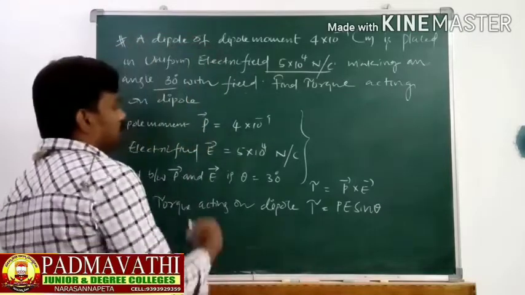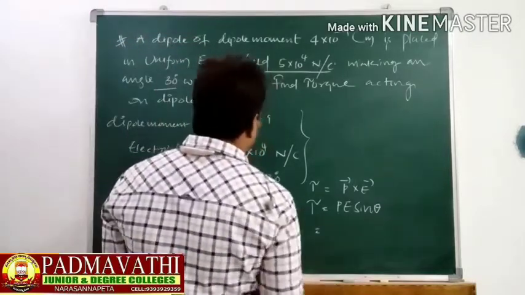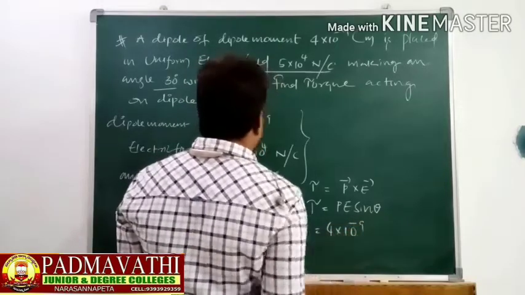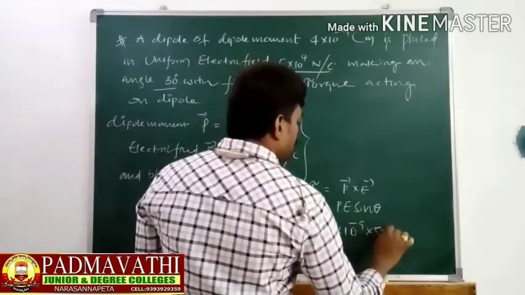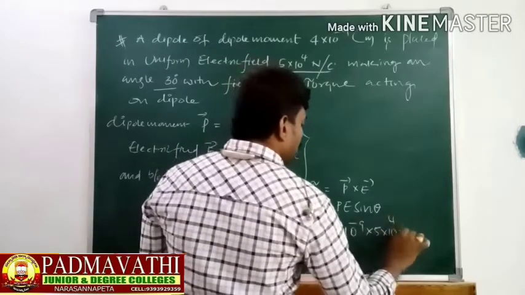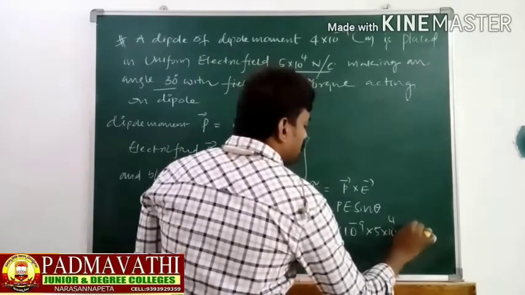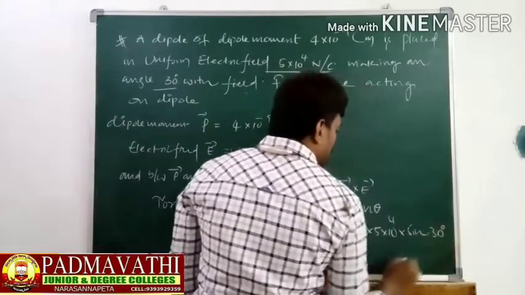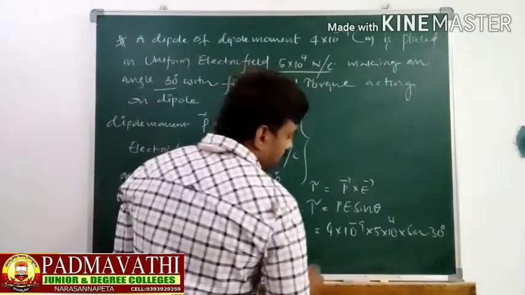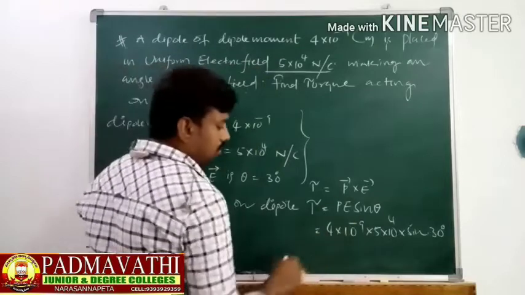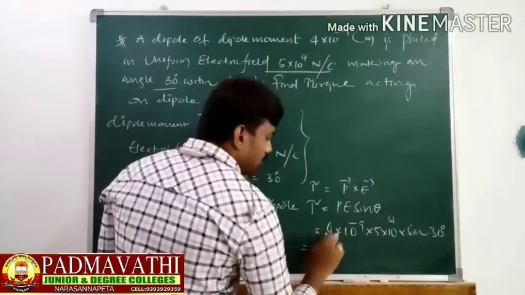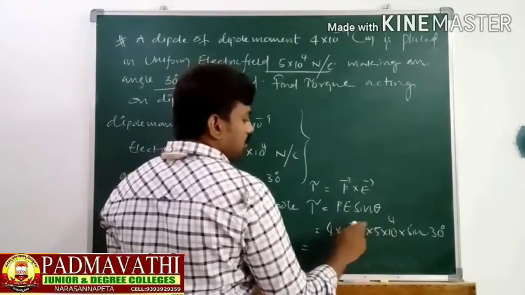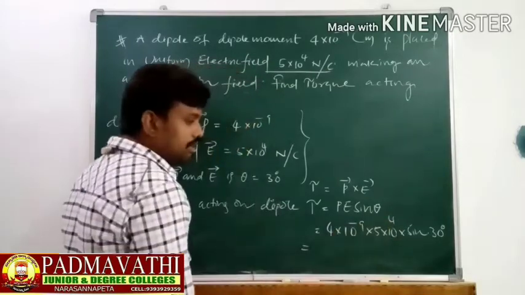So we know P is 4 into 10 to the power of minus 9, and E is 5 into 10 to the power of 4, and the angle between these two is 30 degrees. Sine 30 is 1 by 2. We are going to substitute that. So 4 into 5 is 20.